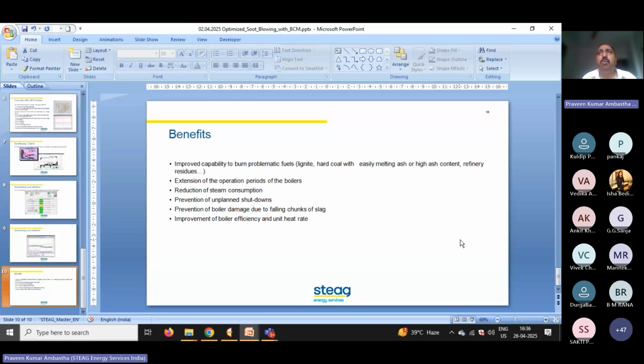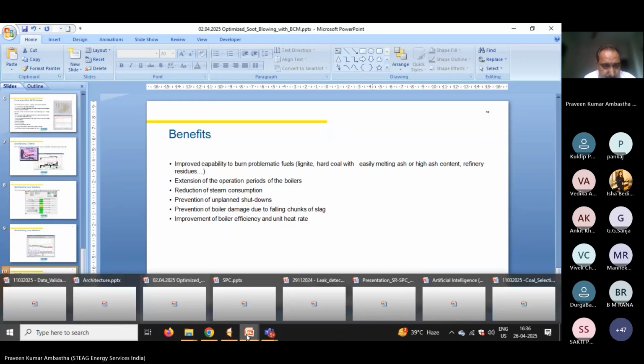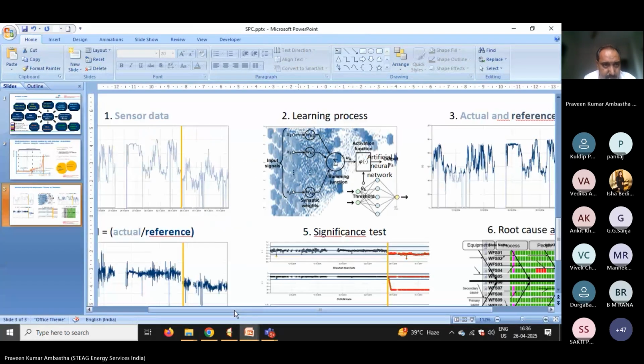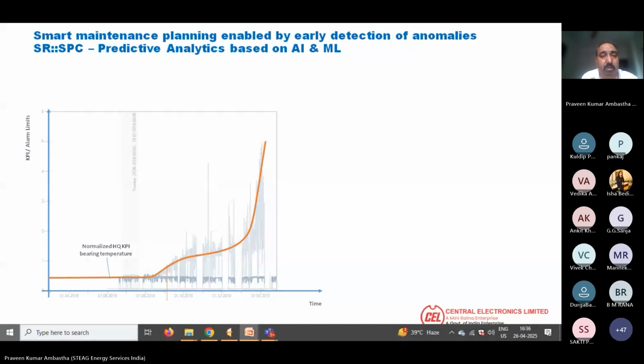Now, one of the modules I am going to tell you about is statistical process control. So what is this module? Basically, AI and ML are being used by many companies right now, and of course we are also doing it. We use it for predictive analysis, especially for rotating equipment.